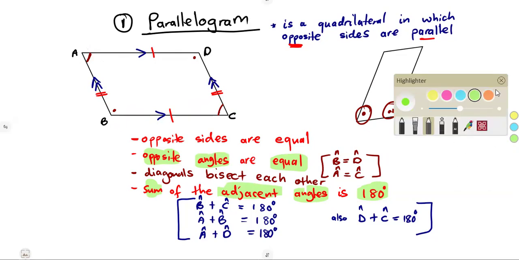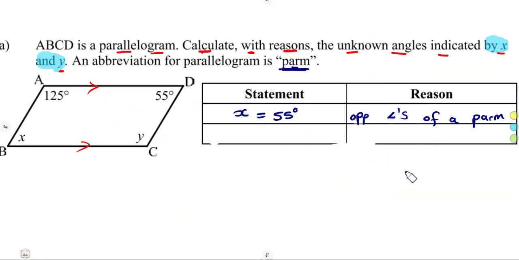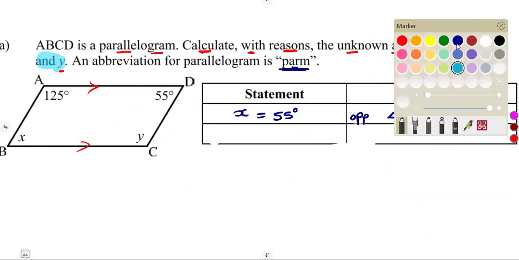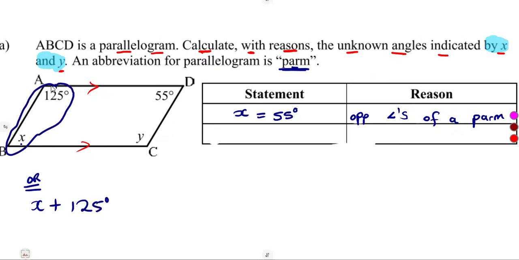So let's use that one and see if it is going to give us the same thing, because we can see that X and 125, they are adjacent to each other. So another way that we could have answered this question was, if I add X, which is angle B, plus 125 degrees, which is angle A, these two that are adjacent to each other, I must get 180 degrees.